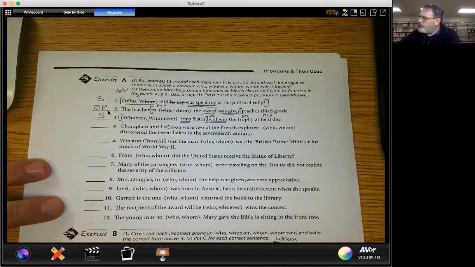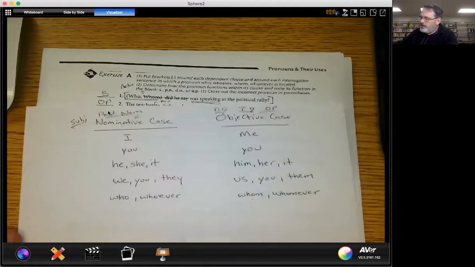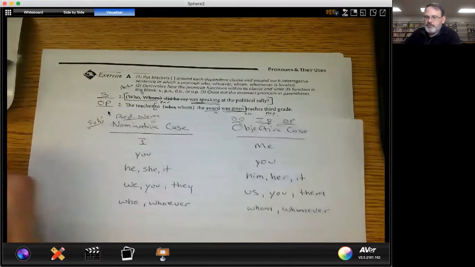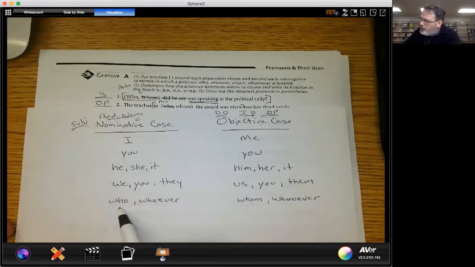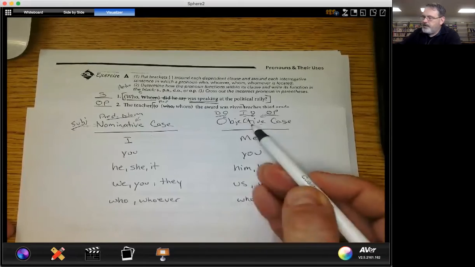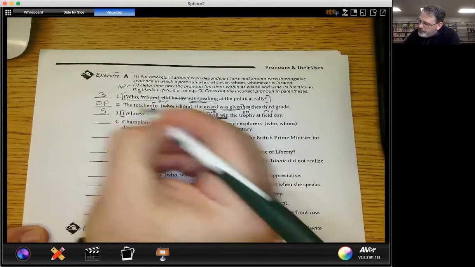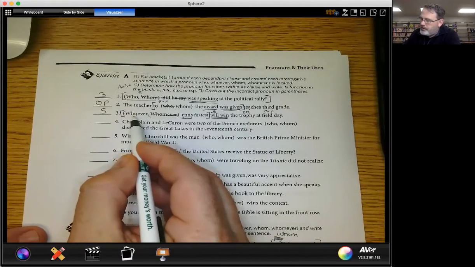So which one of these are allowed to be subjects? Well, nominative case pronouns can be subjects, right? And they can be predicate nominatives. Whoever is the nominative case, whomever is the objective case. So I need to cross out whomever because whoever is the nominative case and that's the correct one.